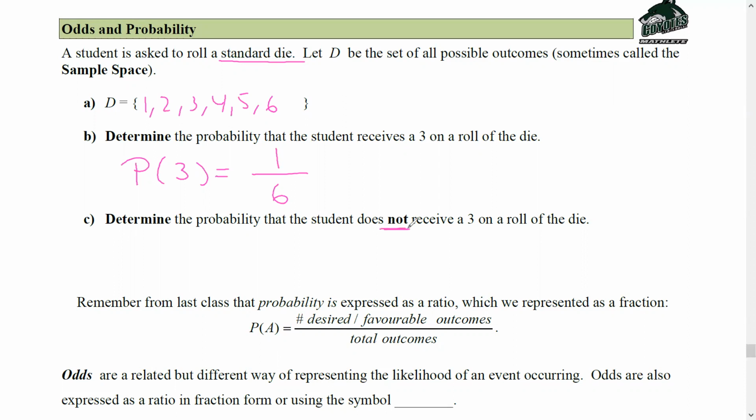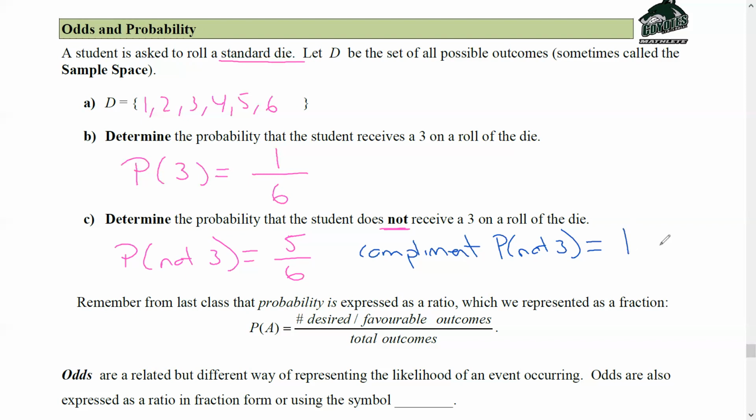Well, I could do P(not 3) and count all the ways that I don't get a 3, 5/6, or I could be a math ninja and use the complement, which tells me that P(not 3) is equal to 100% of the options minus the probability of getting a 3.